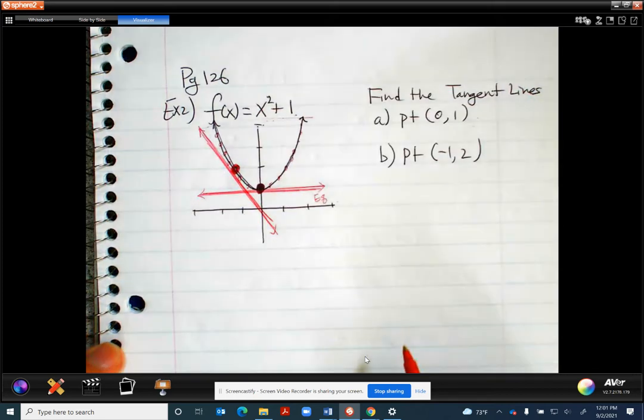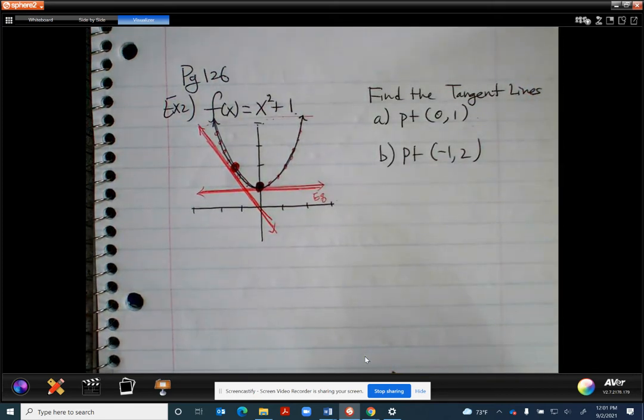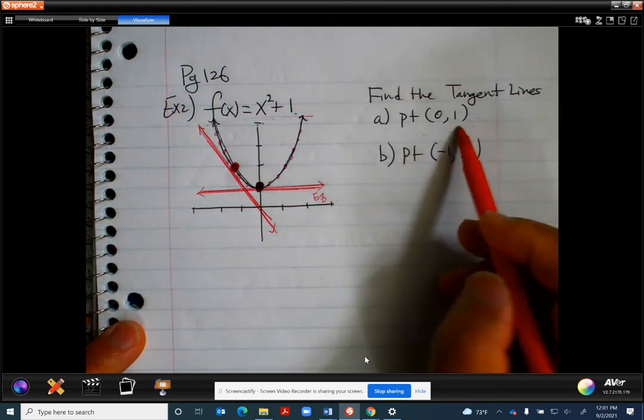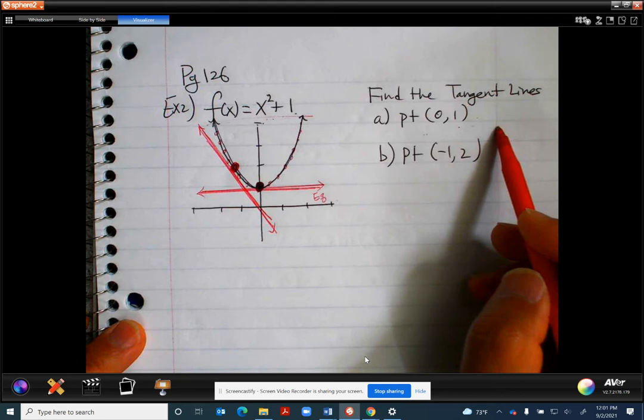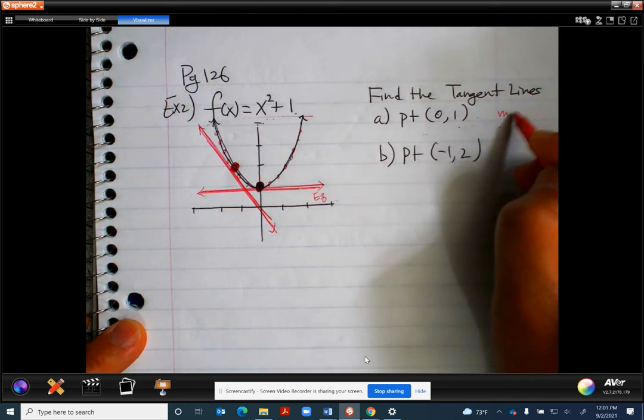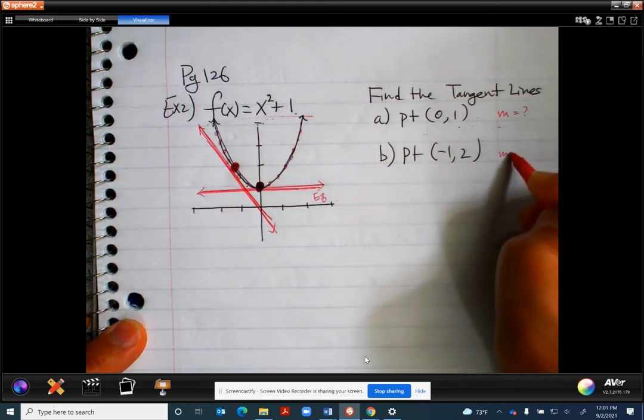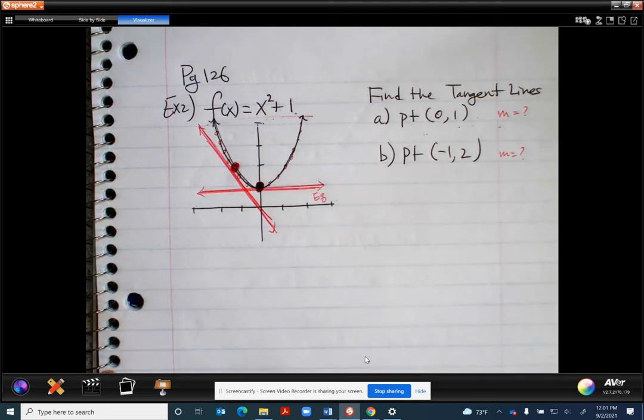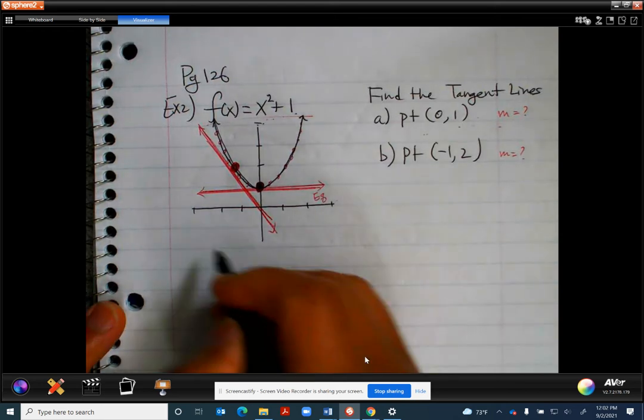So for this particular problem, we need to find 2 equations of a line. Does that make sense? So for you to find that, I need to have a slope. I don't know the slope. So how do I find the slope? What formula do I need to use? So this is part A.